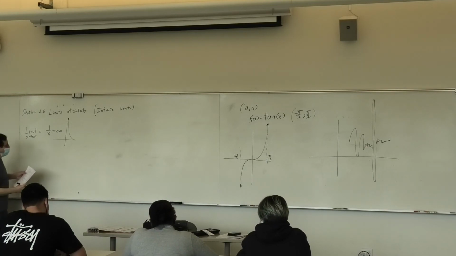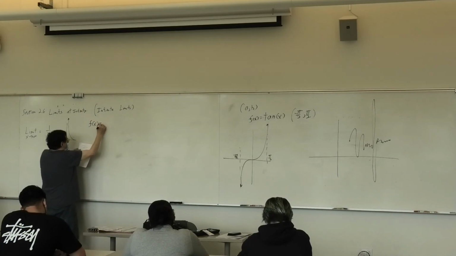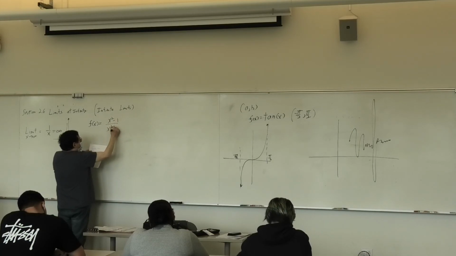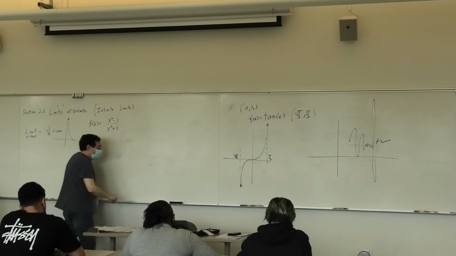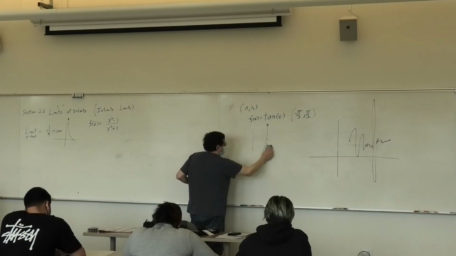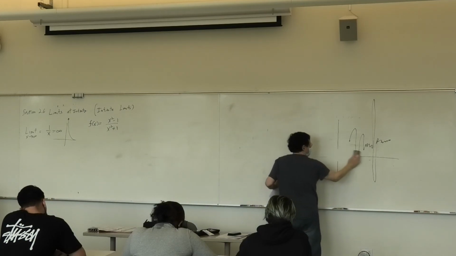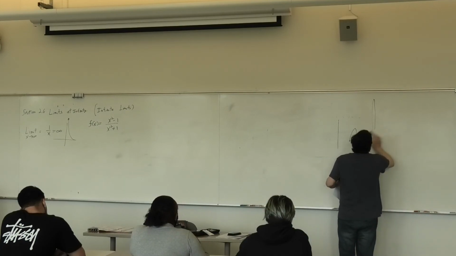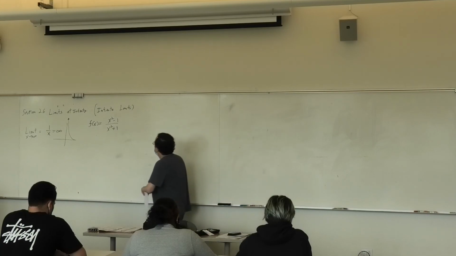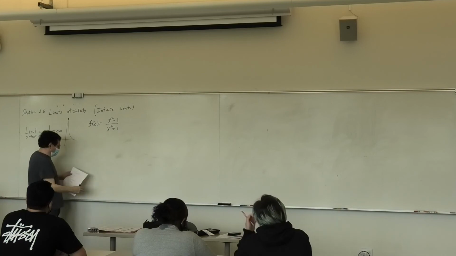So instead, let's look at the function f of x equals x squared minus 1 over x squared plus 1. And let's think about what that must look like. This is always positive, so it's defined on all real numbers.